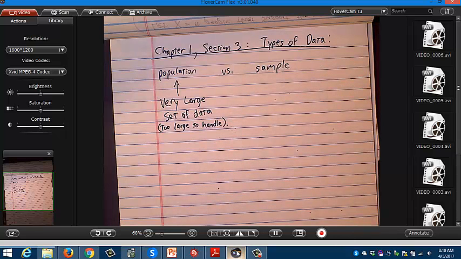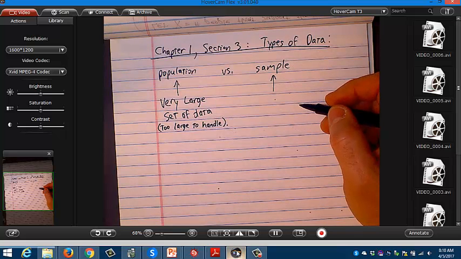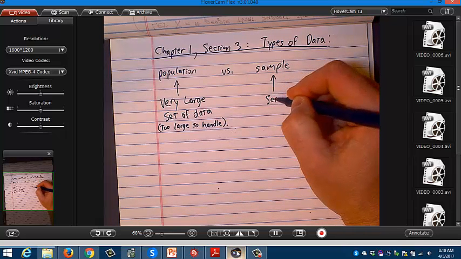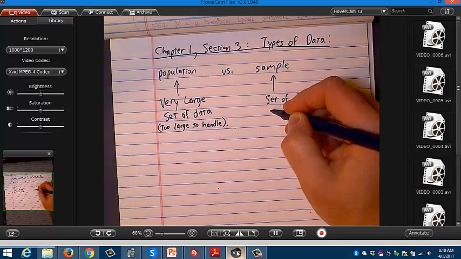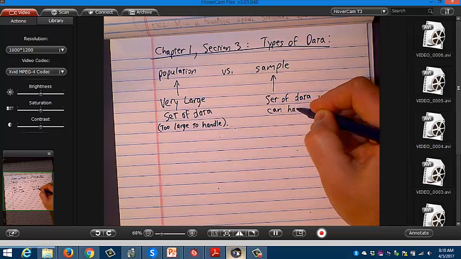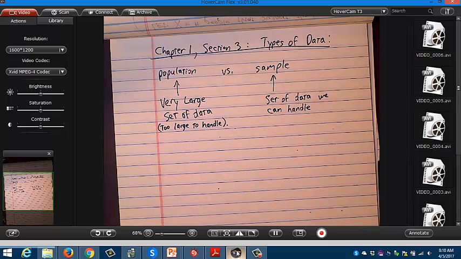So we've seen examples of populations. And we've also seen examples of samples, right? This is a set of data we can handle. Now, can samples be large? Well, yeah. I was making that point yesterday with the polling example where we were trying to figure out what the state thought.